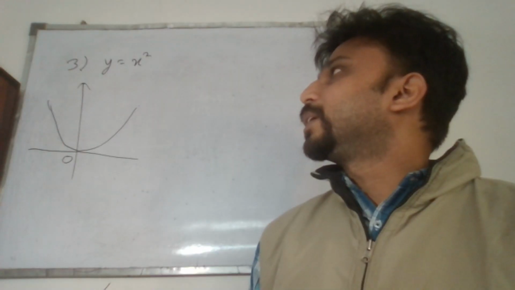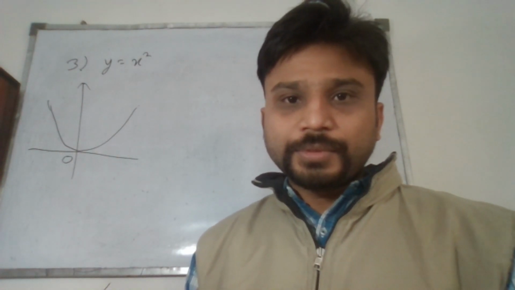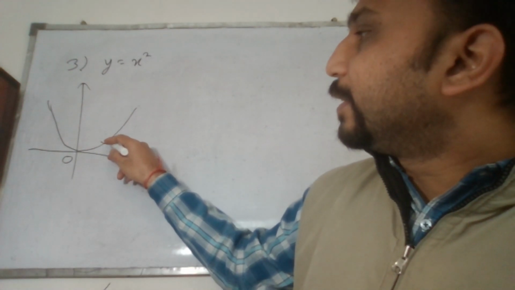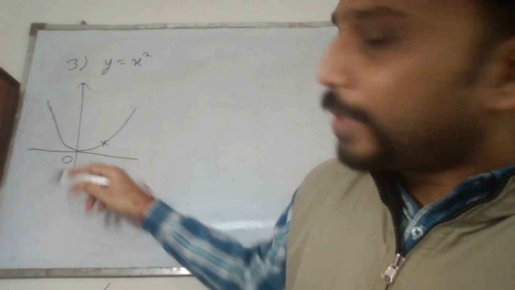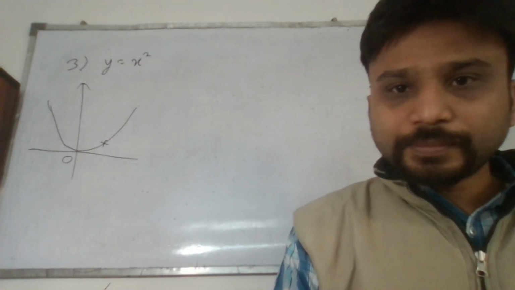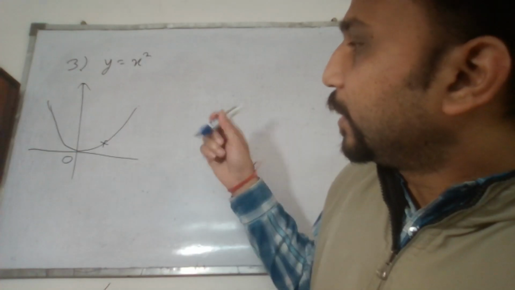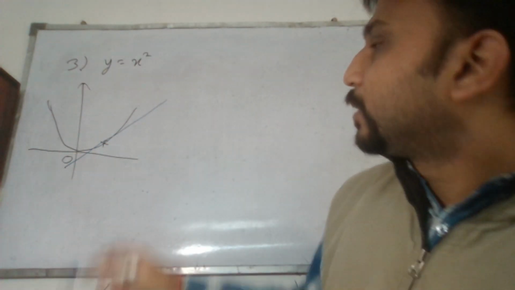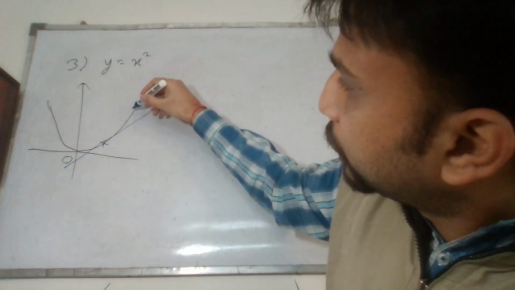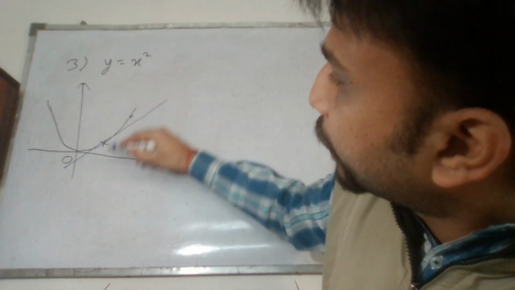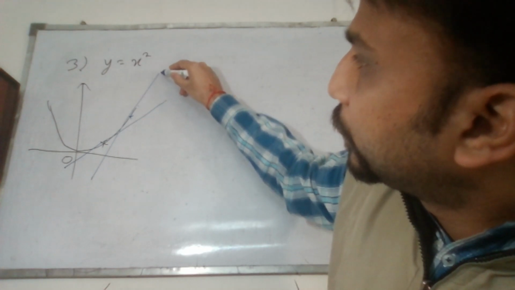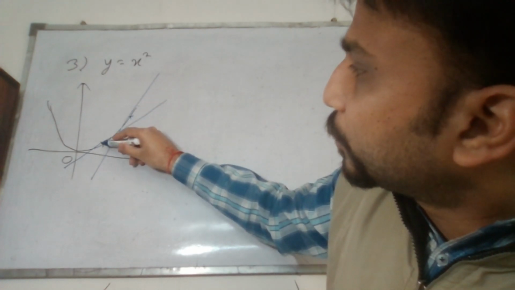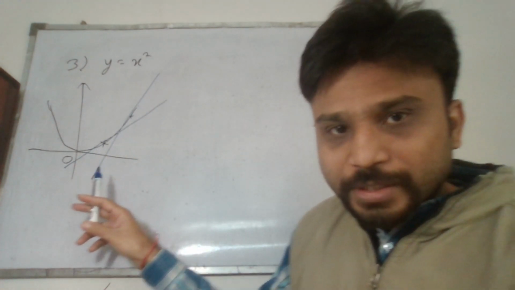Now, what about the slope of the tangent? The slope of the tangent at this point can be obtained by drawing a tangent like this. Again, somewhere here, if I take a tangent, these are two distinct points. Point number one, I hope it is visible.